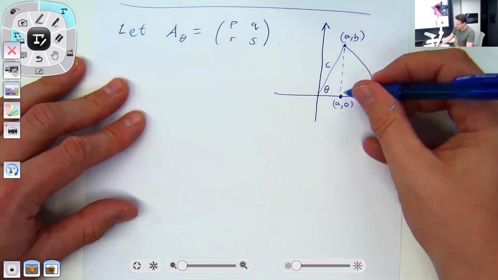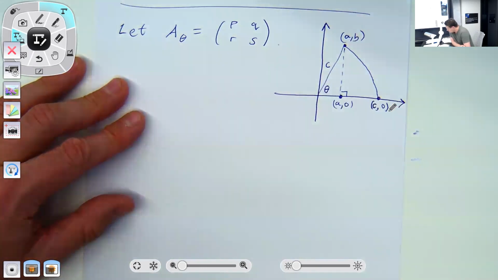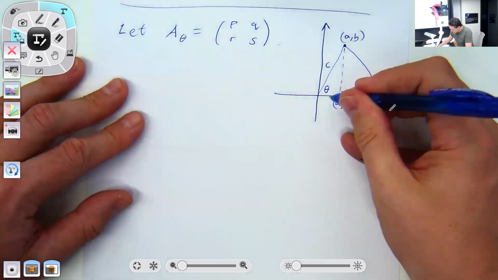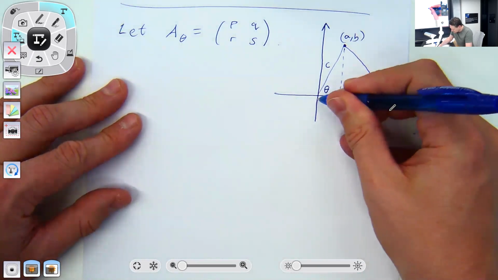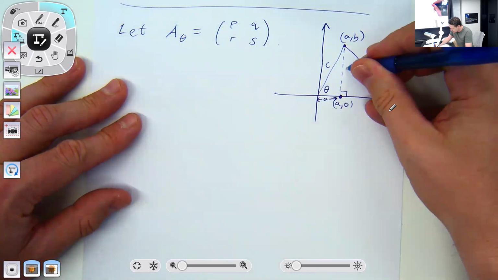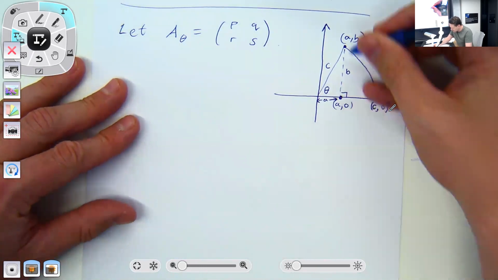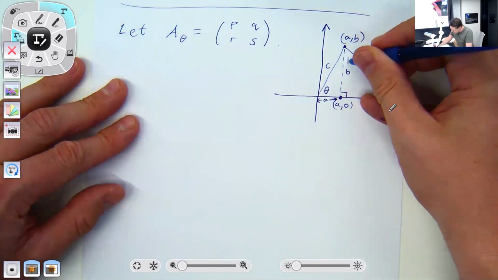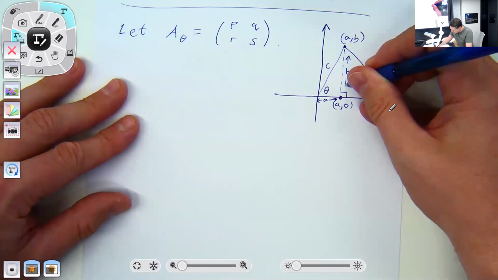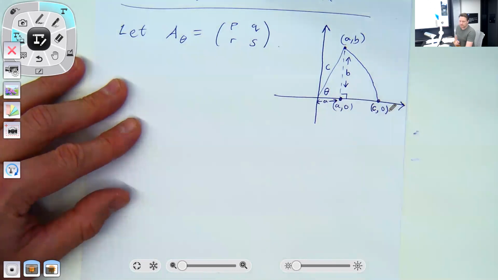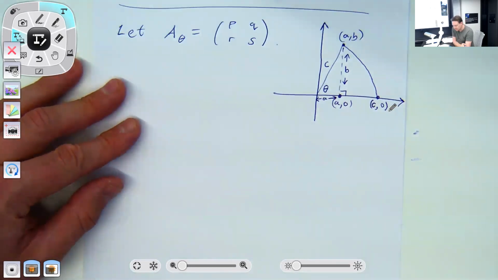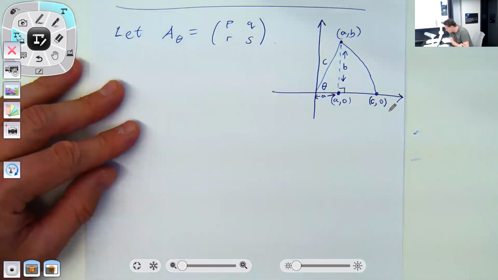Now the length from the origin to my point A0 is A, and the height from the axis up to the point AB is B. Now I have a nice A, B, and C, which was my plan from the beginning with this diagram.